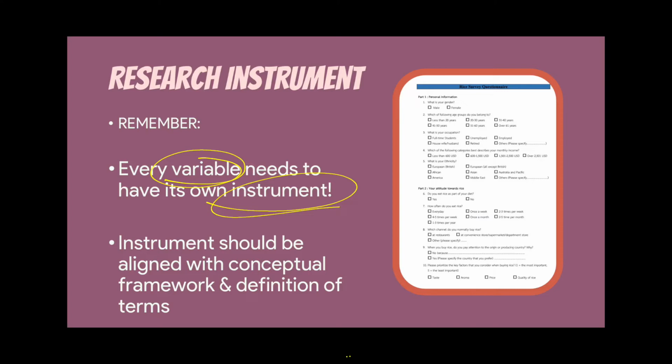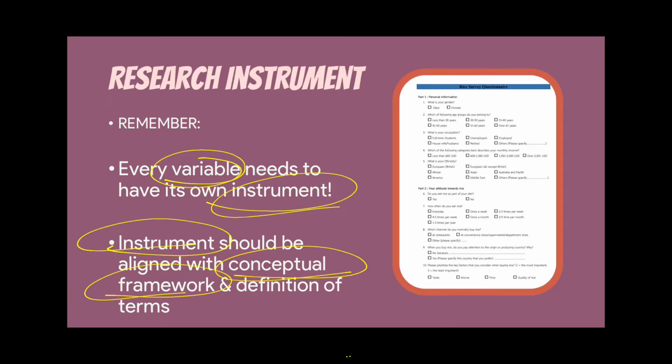So make sure that all of your variables will have their own instruments and their own space in the overall questionnaire that you'll be constructing for your study. I also told you in our previous lecture that your instrument must be aligned with your conceptual framework, right?